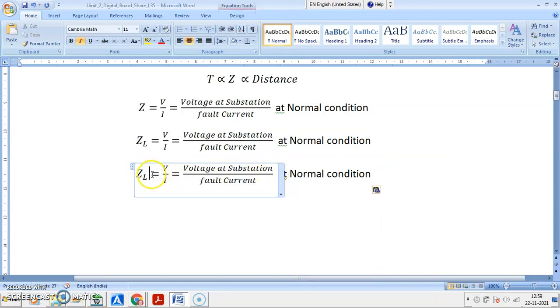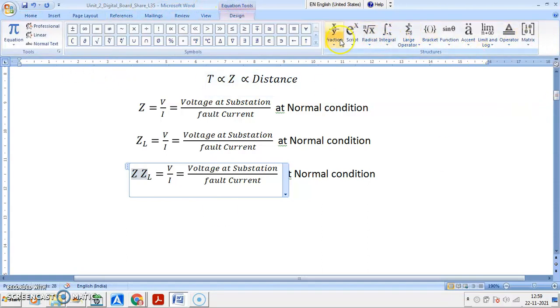Now, when ZL, that is the load impedance, when fault occurs, load impedance reduces. So you will have a new Z. That is, when fault occurs, impedance reduces and new Z is less than ZL.